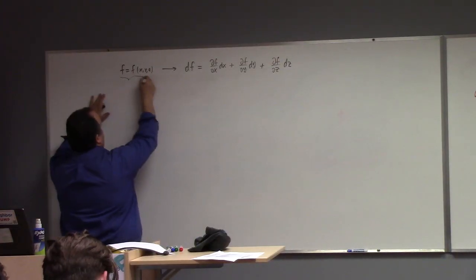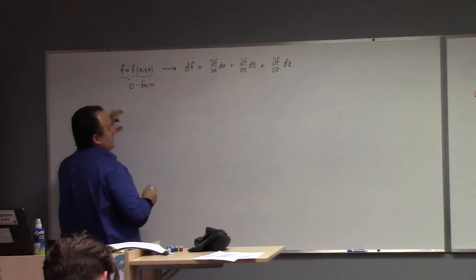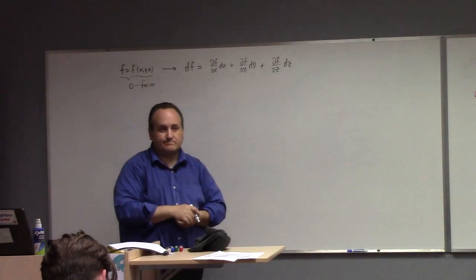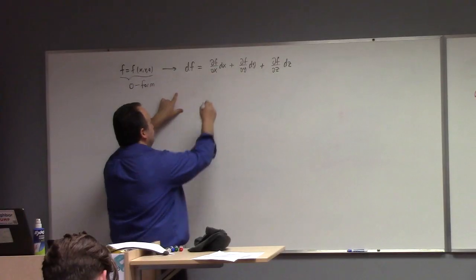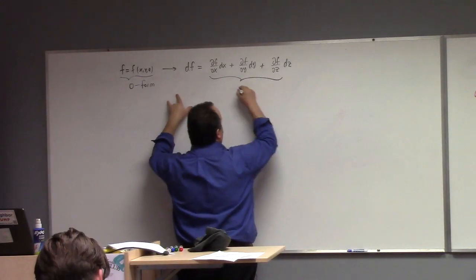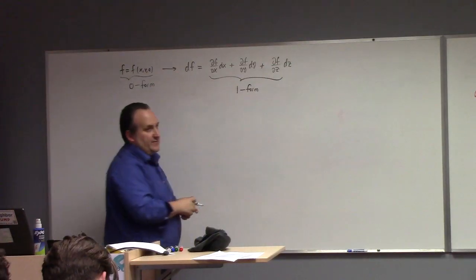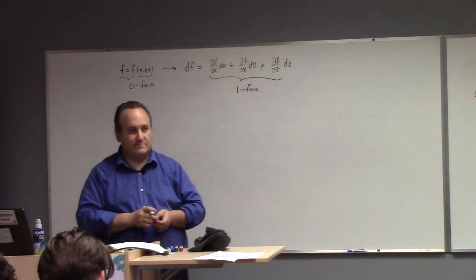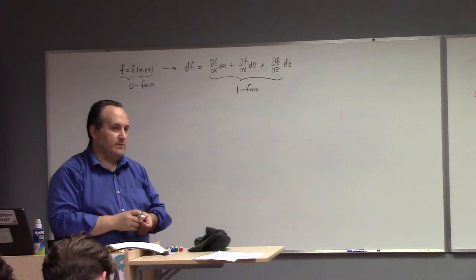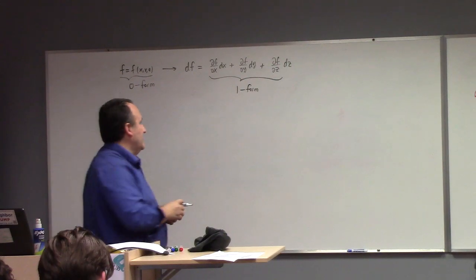This is what's called a zero form. The reason it's called a zero form is it has no differentials. On the other hand, this right here, this is a one form. Why? Because it has one differential. All right? So, wait a minute. So could we take another derivative?